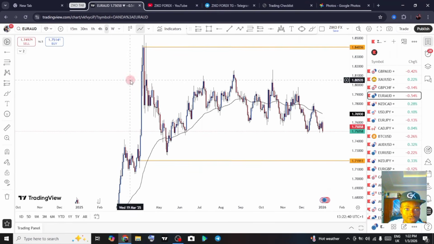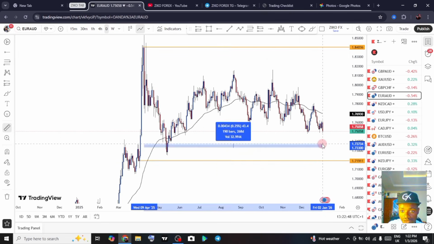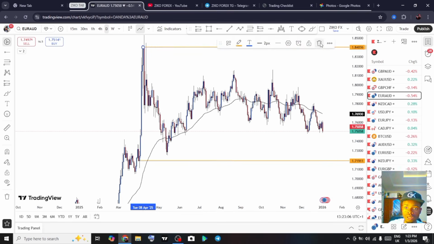But you cannot tell me that on the daily time frame, price has traded about 190 bars of candles over 268 days since it created this high and this low, and you tell me that all the price action happening there is irrelevant on the daily time frame. It makes no sense, right? So that is the only reason I will not be counting this as the higher high and the higher low.